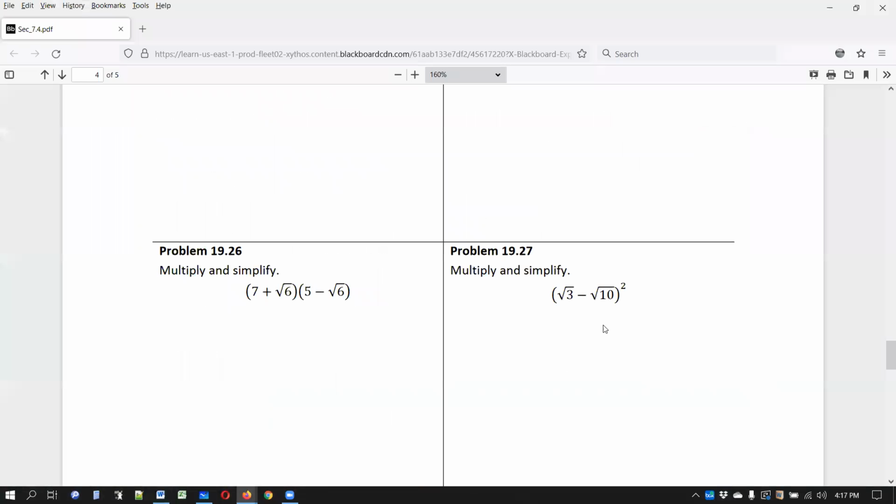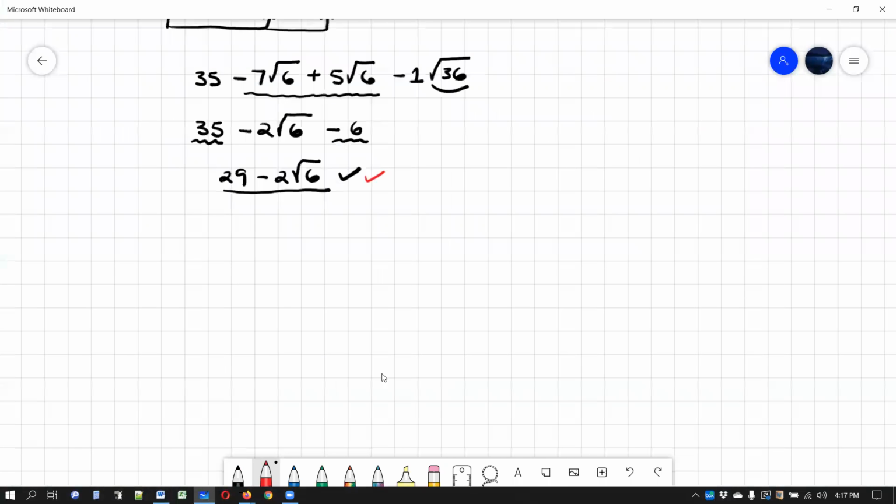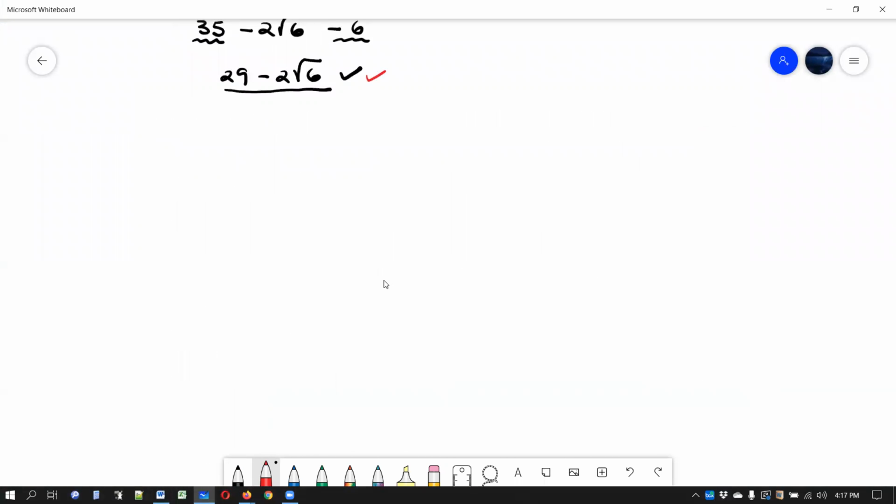So 1927. And this is a good example because I only see one term here, radical 3 minus radical 10 square. Now, how do we do this?